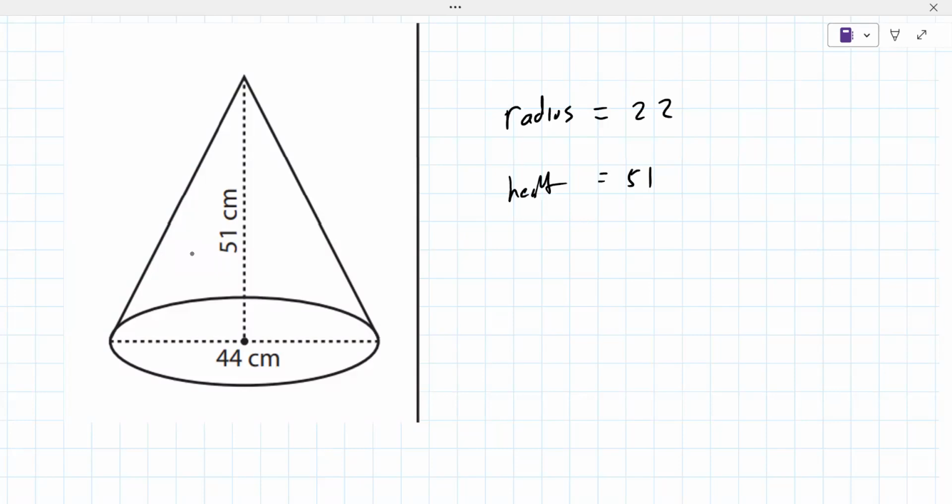Is that your final answer? Oh no, okay. 22 squared, I think, if I put it in right, and then times 51 divided by 3.